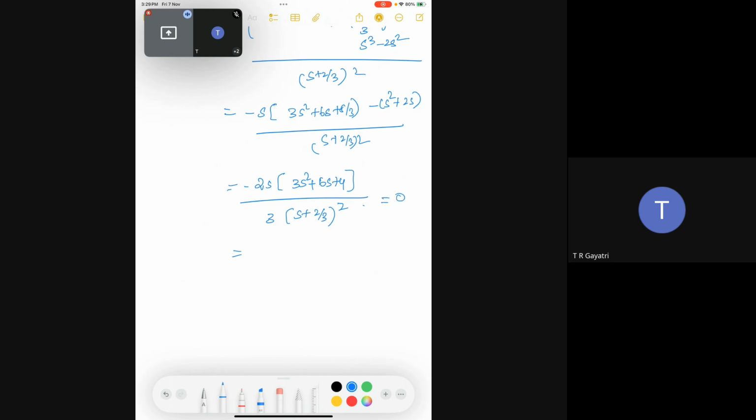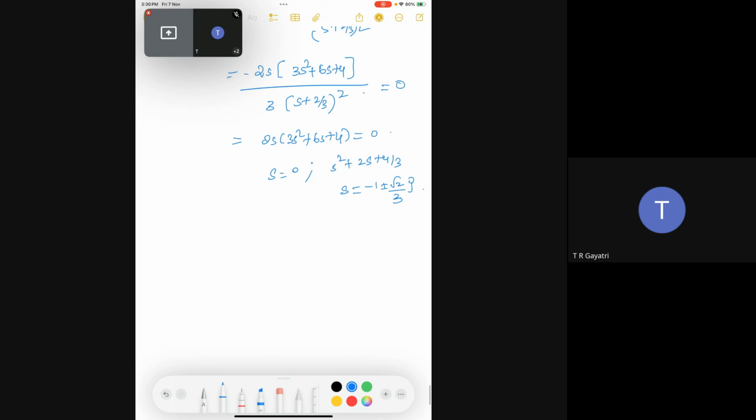Ultimately, equating to 0 will get me 2s into (3s square plus 6s plus 4) equal to 0. This will give me s equal to 0 and s square plus 2s plus 4 by 3. We calculate this, it will give me minus 1 plus or minus root 2 by 3 j. Okay, so these are my points.